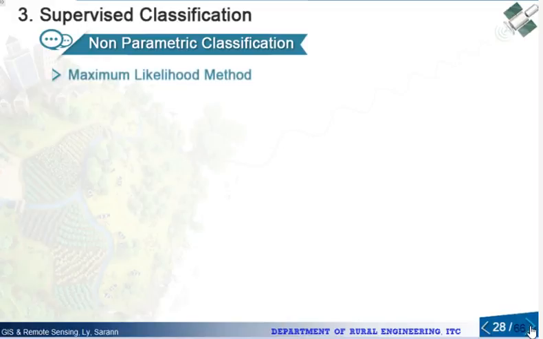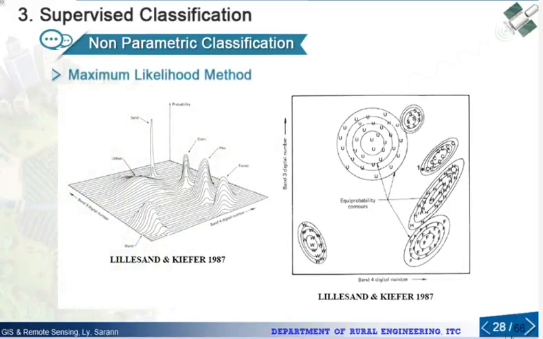The maximum likelihood classification, which is in the parametric classification, assumes that the statistics for each class in each band are normally distributed and calculates the probability that a given pixel belongs to a specific class.